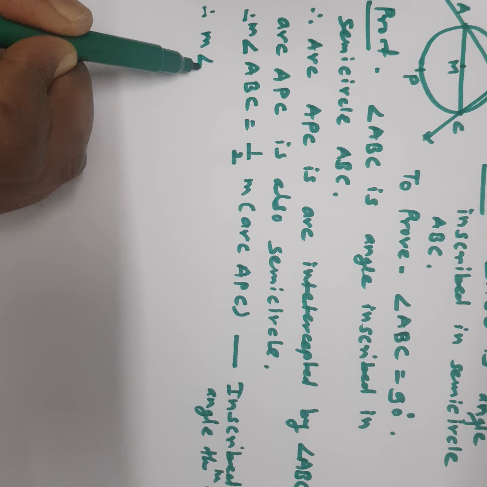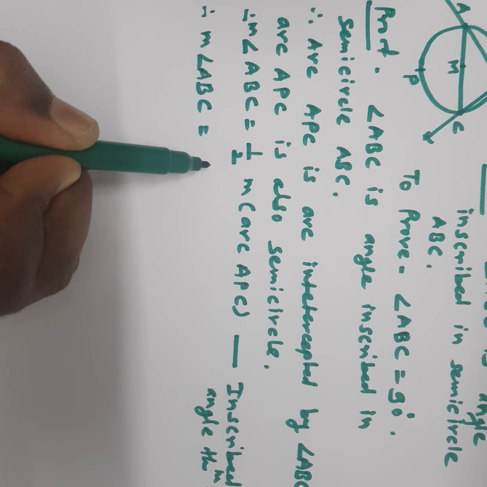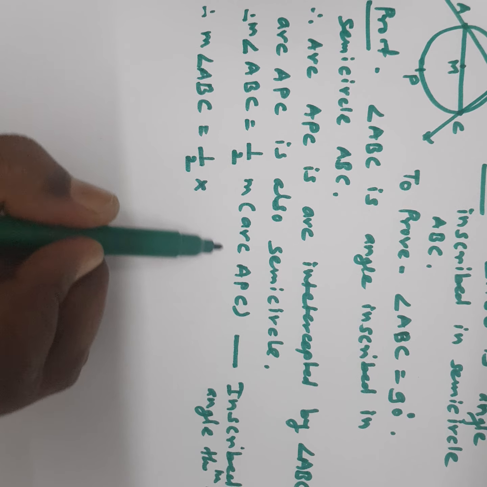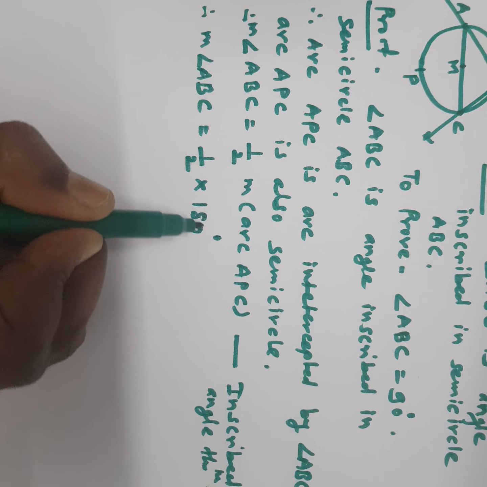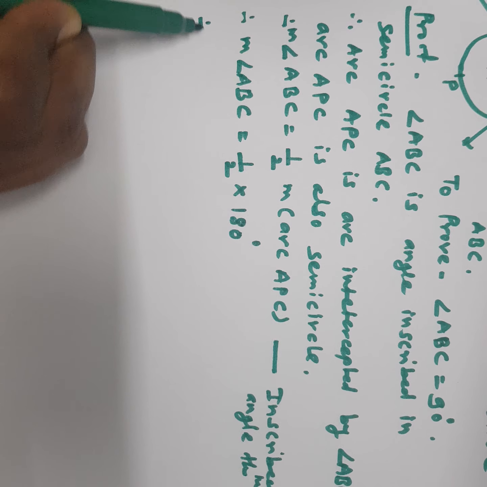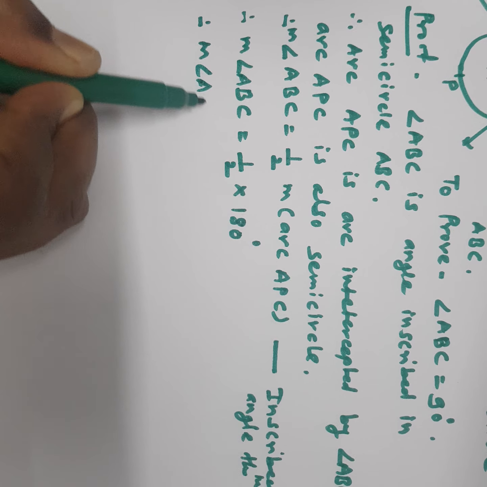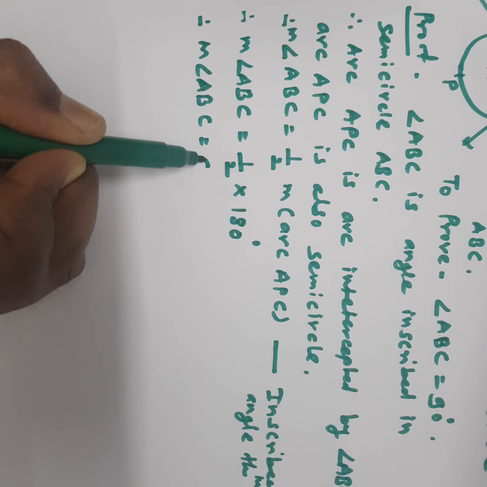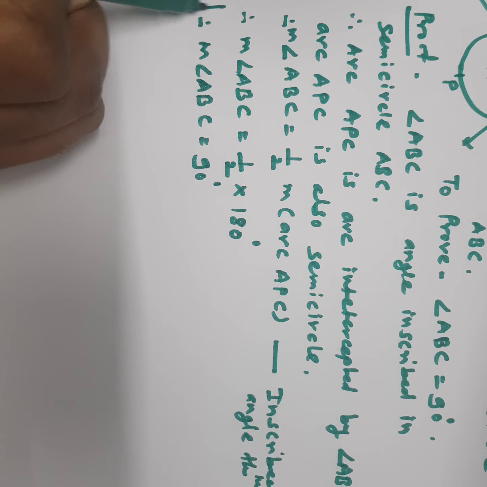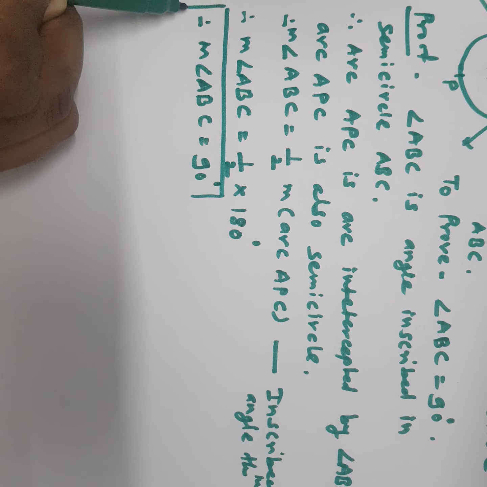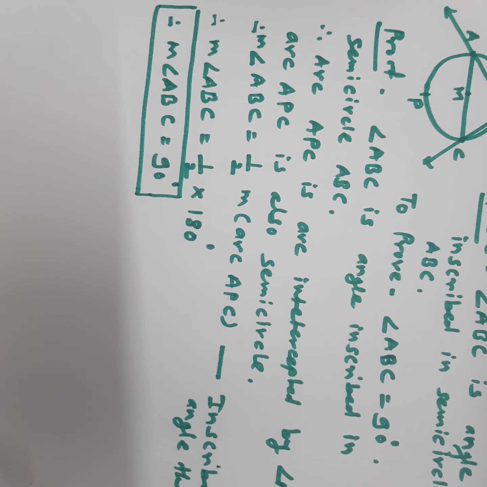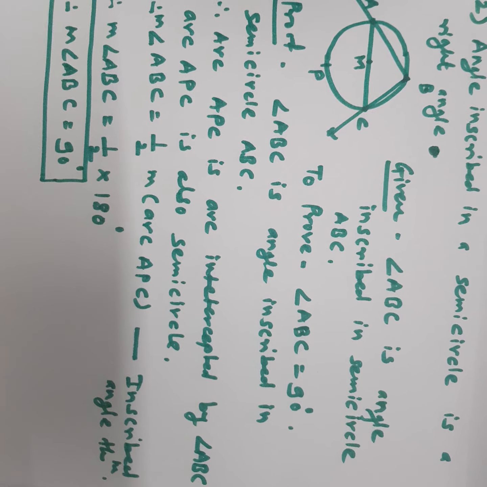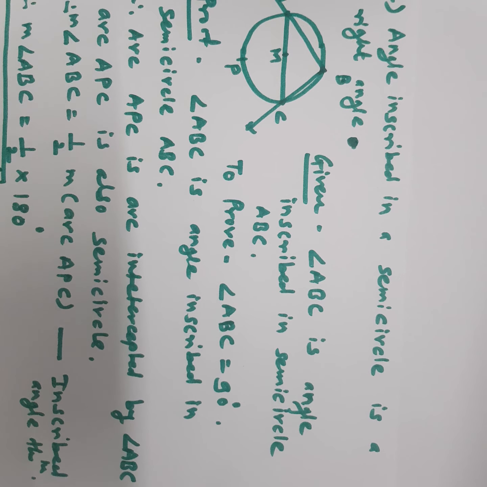As it is a semicircle, its measure will be 180 degrees. Therefore, the measure of angle ABC is equal to 90 degrees, and that is what we had to prove. We have used the inscribed angle theorem to prove this theorem also. Therefore, it is a corollary of the inscribed angle theorem.